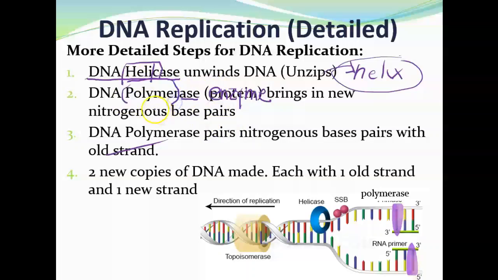Polymer means a large chemical structure, and it's a chemical structure made of DNA. So it builds a DNA molecule by bringing in new N-base pairs to add to the existing ones and build this structure. DNA polymerase pairs nitrogen bases with the old strand.